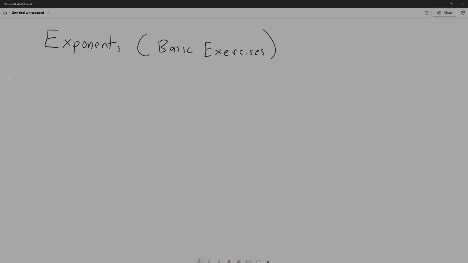Okay, sometimes you have to add exponents, like in the following case. So let's say you're given 10 squared, and then you have to multiply it times 10 to the 3rd. How do you multiply expressions like that? So first of all, notice that we have the same base.